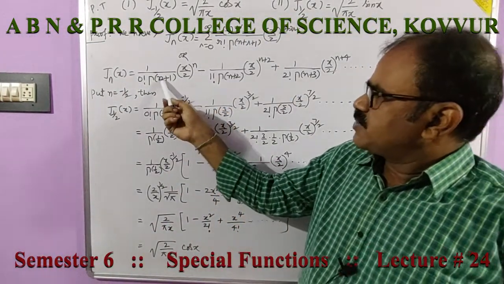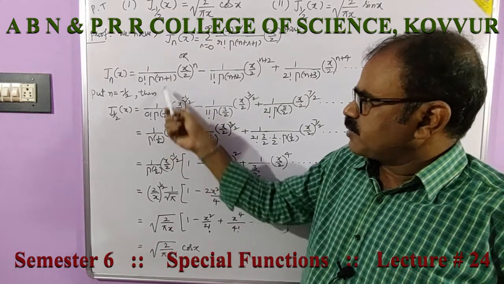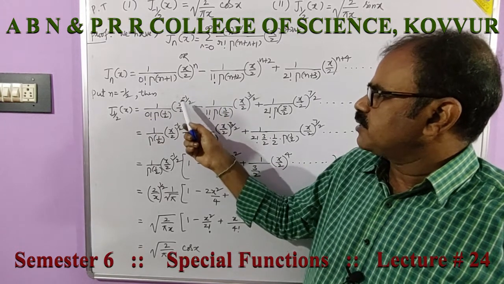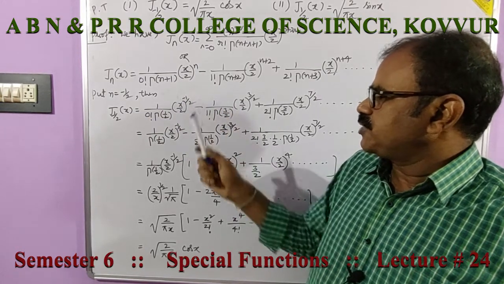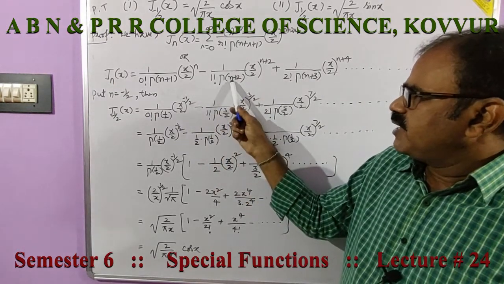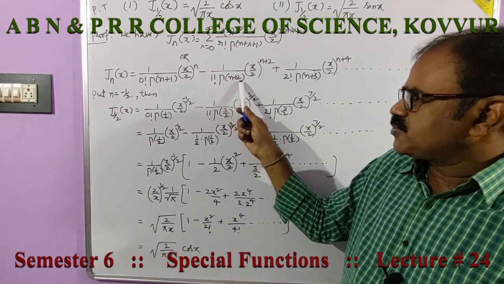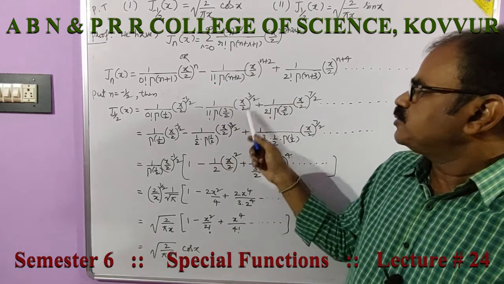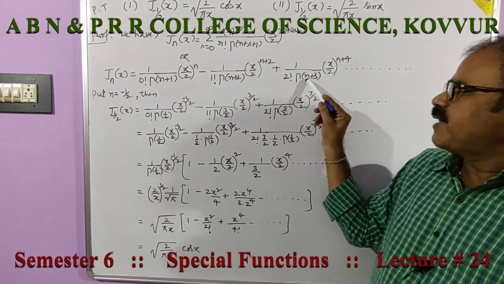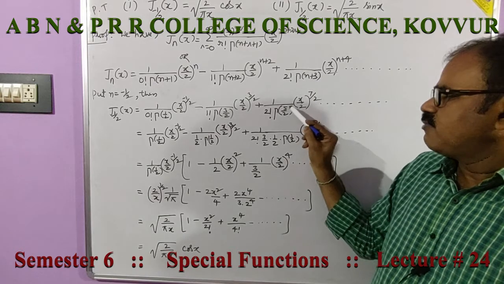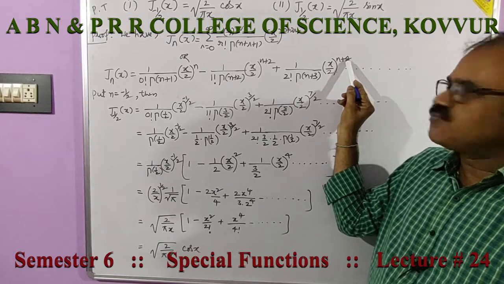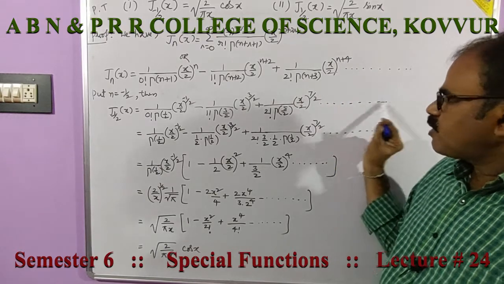So gamma 1 by 2, x by 2 whole to the power of minus 1 by 2, minus 1 by 1 factorial gamma, when n is minus 1 by 2, minus 1 by 2 plus 2, that is 3 by 2, x by 2 whole to the power of 3 by 2, plus 1 by 2 factorial gamma minus 1 by 2 plus 3, that is 5 by 2, gamma 5 by 2, x by 2 whole to the power of minus 1 by 2 plus 4, that is 7 by 2, going on and on.